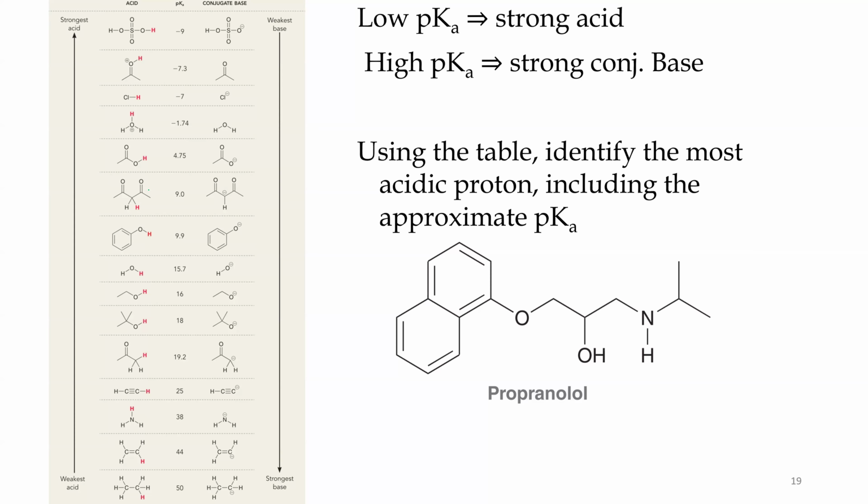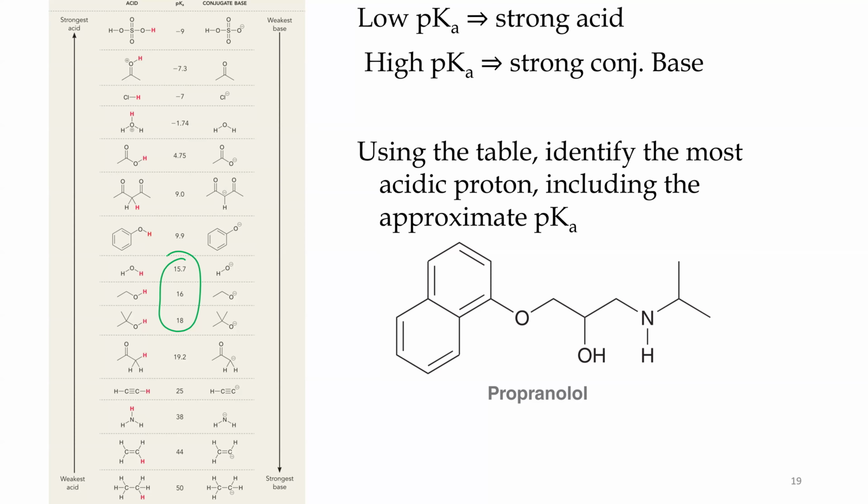Any sp3 nitrogen is going to have a pKa close to 38. Here's all of our alcohols. Right here, water, ethanol, and t-butyl alcohol are all between 16 and 18, all relatively close to the same pKa. So basically we can generalize about different functional groups based on charts like this.